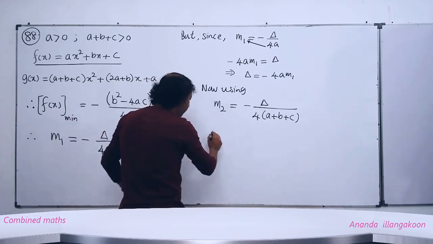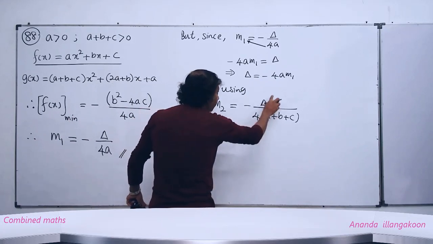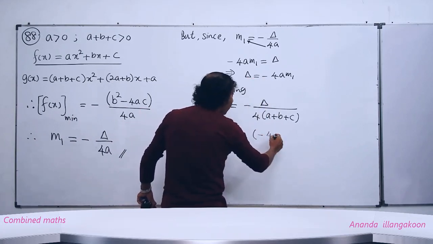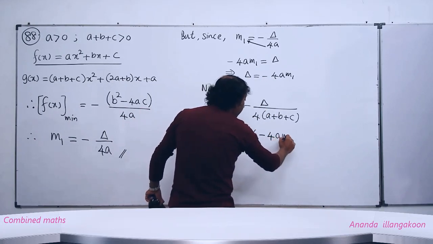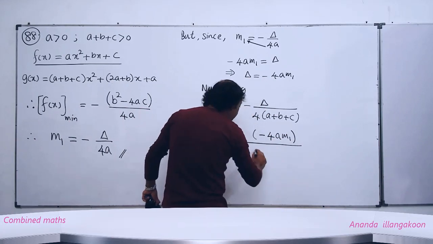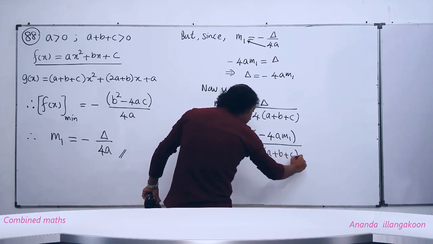What do you get? m2 equals minus delta means, people, here this delta is this, no, minus 4a m1 divided by 4 times a plus b plus c. We get like this.